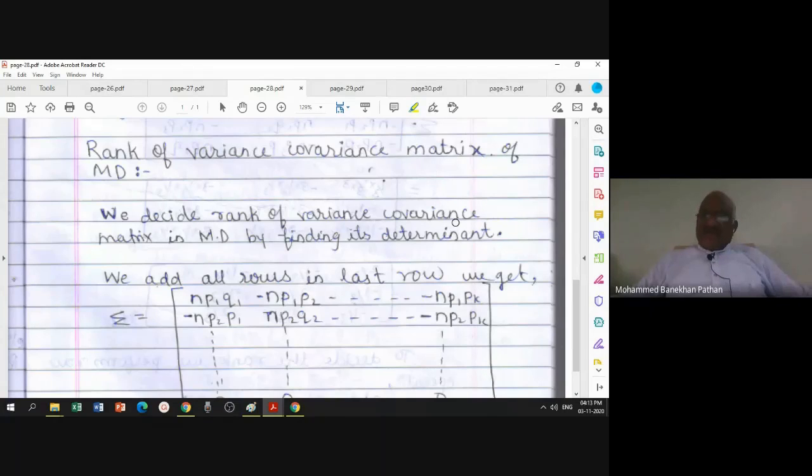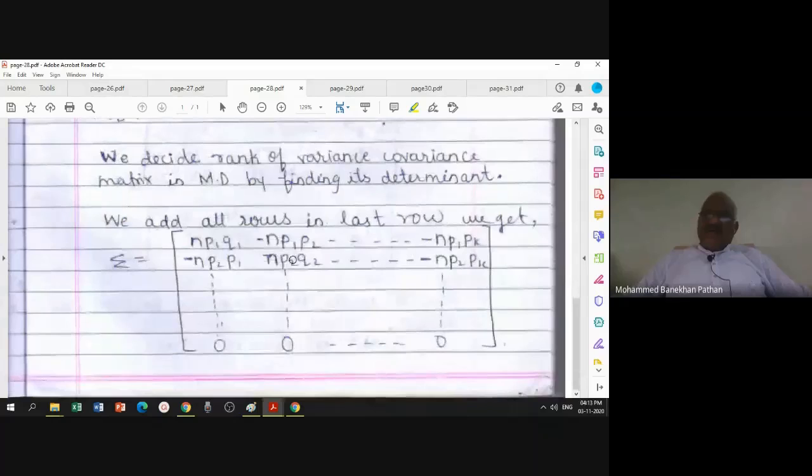Now we'll try to see what is the rank of this variance-covariance matrix of the multinomial distribution. We do a mathematical operation on the determinant. We add all rows into the last row.